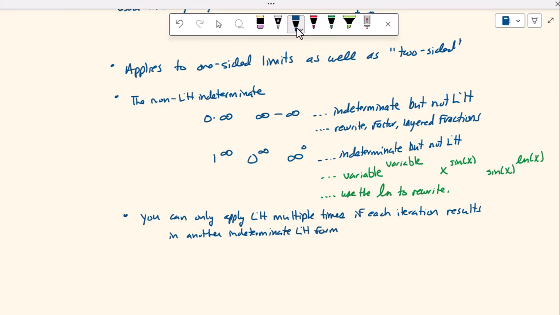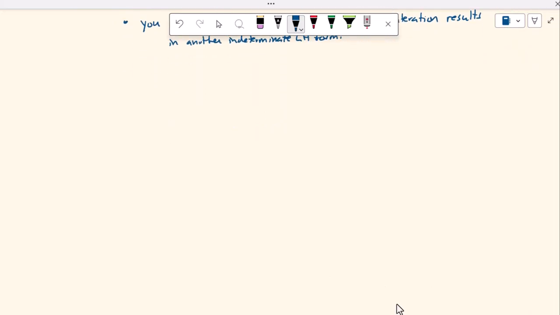Okay, so you can use this over and over again, but it has to be indeterminate L'Hopital's at every step. If there's ever a time that it stops being indeterminate L'Hopital's, you're going to have to stop applying it and find another method. Okay, let's start looking at some problems, and I will explain what L'Hopital's is as we go.